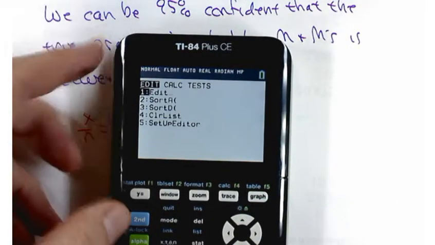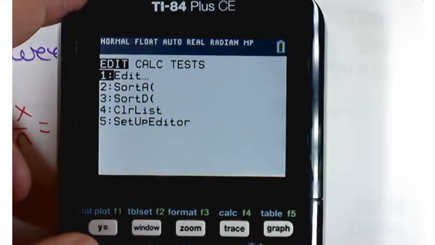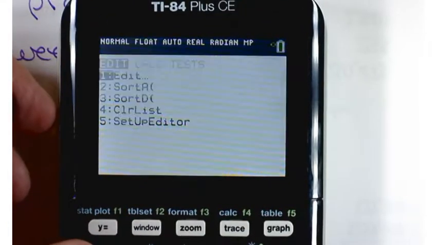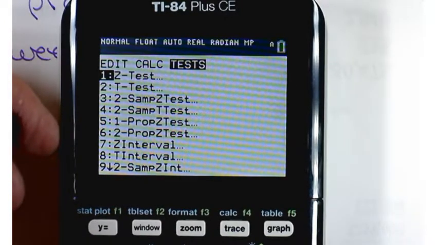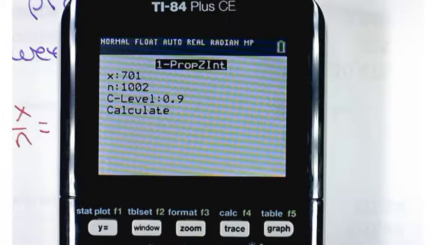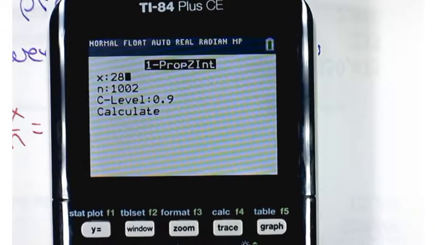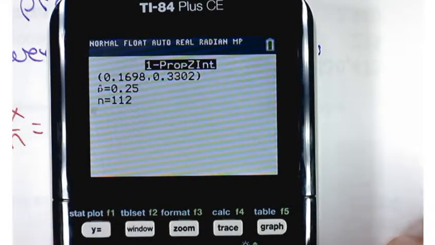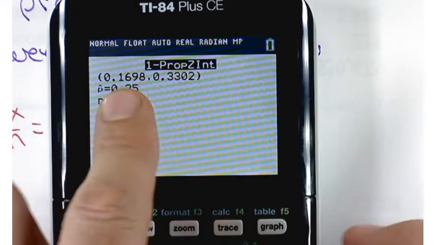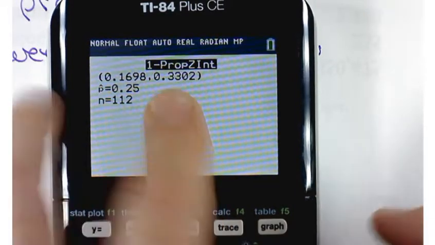So I'll go back to my graphing calculator, stat, over to test, hit the alpha key, then the math key is a quick way to jump to this. We had 28 successes out of 112 possible M&Ms, and we want a 95% confidence level. So this time we get between 0.1698 and 0.3302.